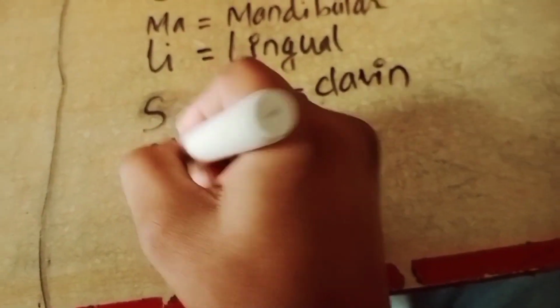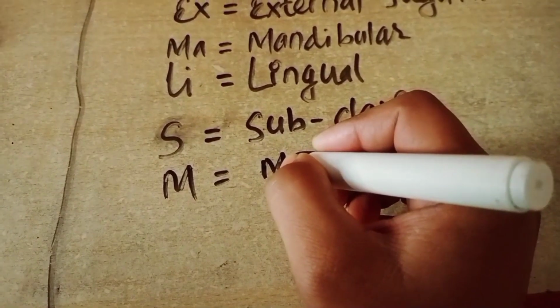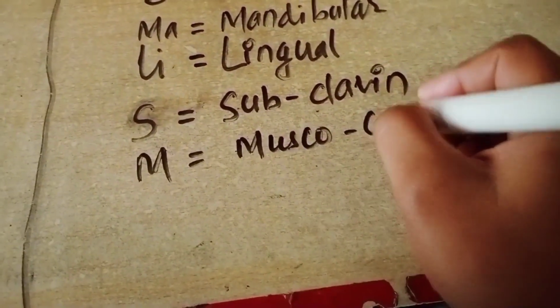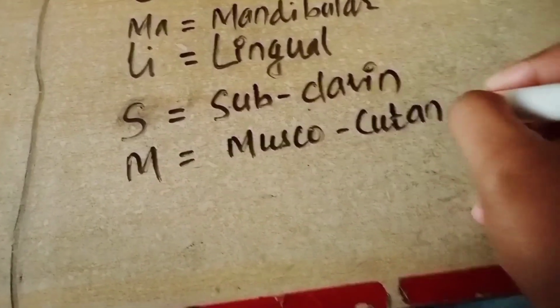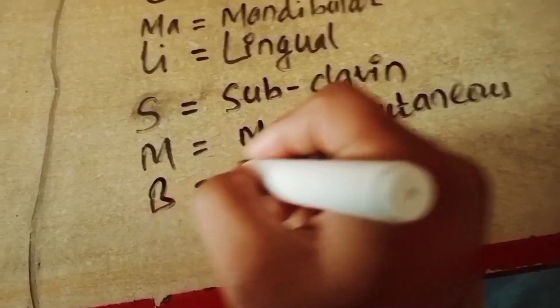Then M means musculocutaneous, and B means brachial.